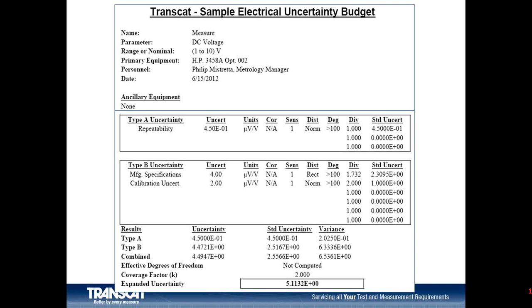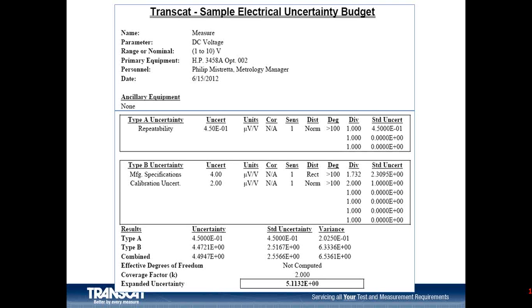And Type B is everything else, specifications from a manufacturer, the traceability uncertainty that comes from the standard. And then at the bottom, the combination of those and the final value is the expanded uncertainty.